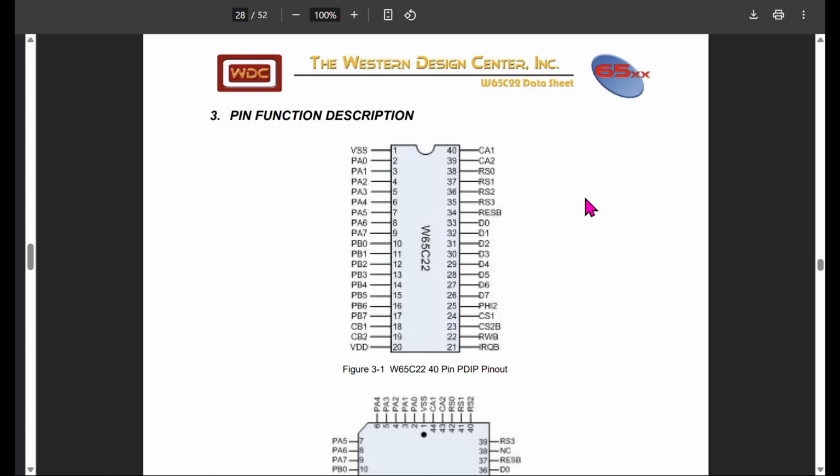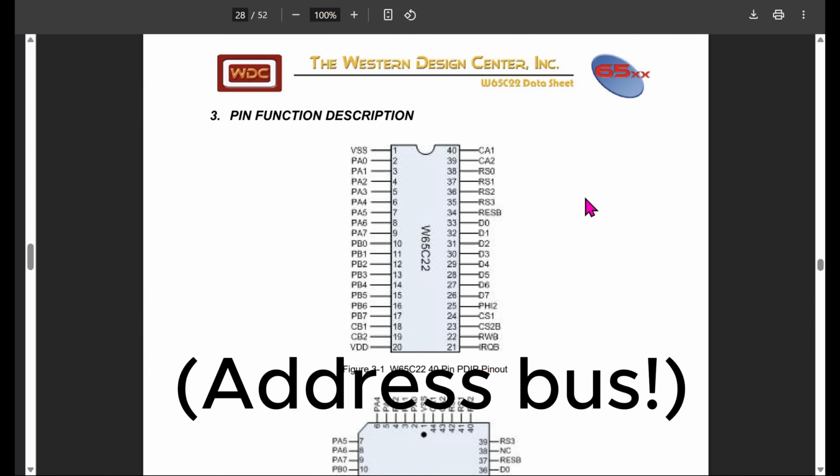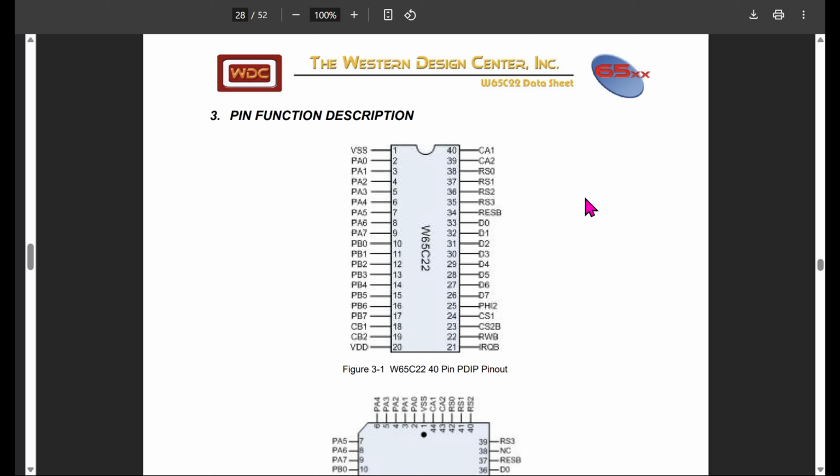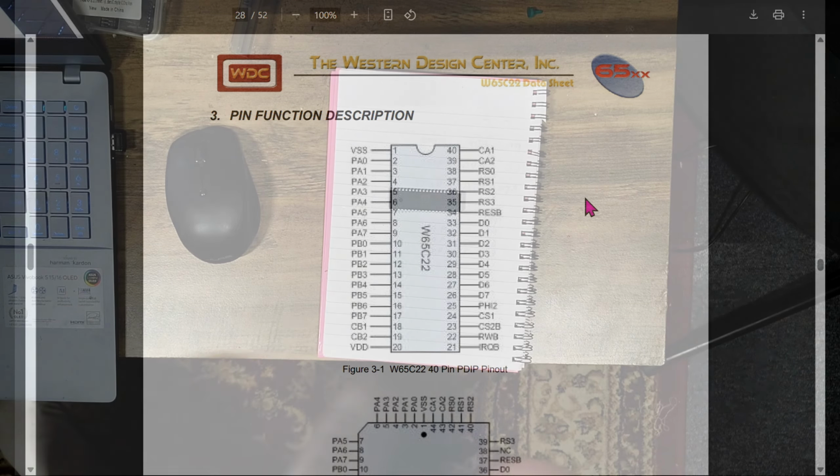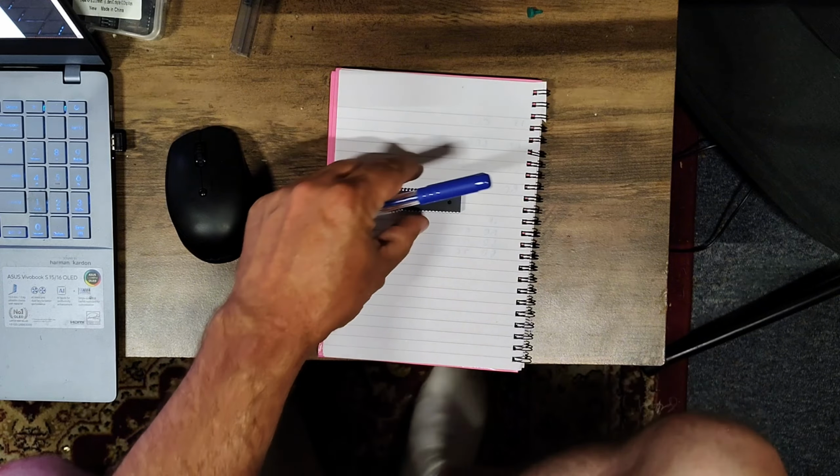However, we do have ourselves a slight problem, which is that we want to write to address 0, 1, 2, 3, 4, 5 all the way through to F. But that's not how our data bus works. Our data bus is a 16-bit data bus. So we've got to somehow find a sensible set of addresses to write to. So let's go across to the pad and have a look.